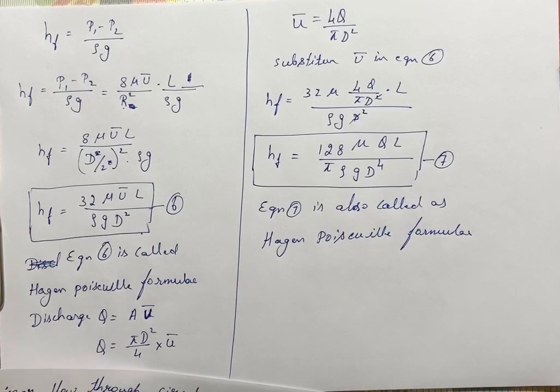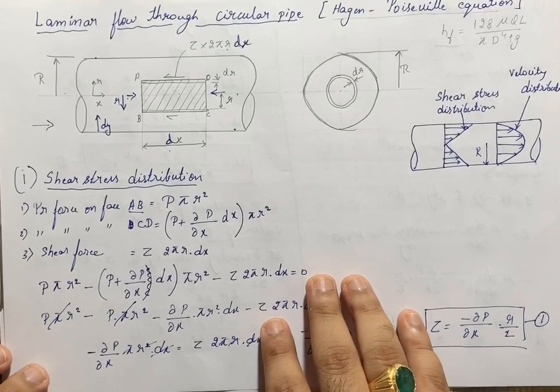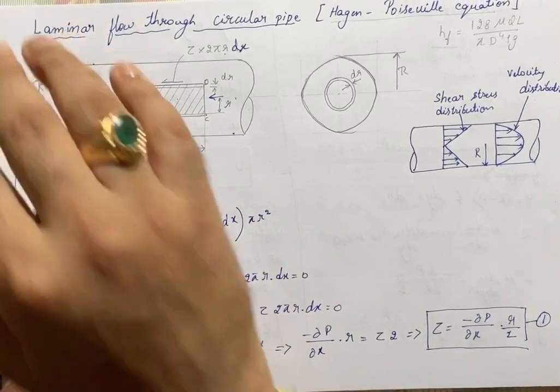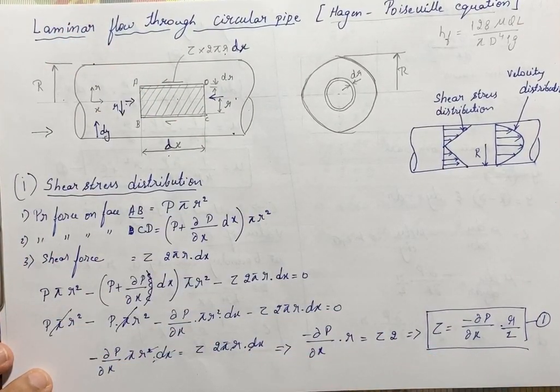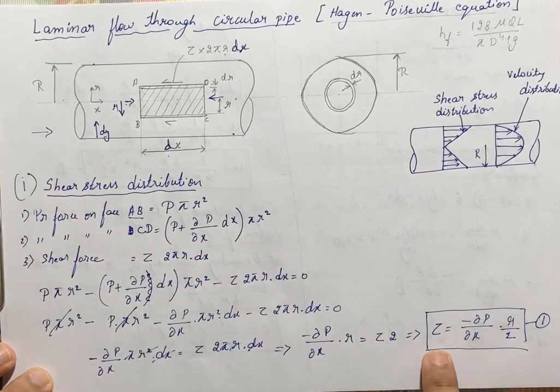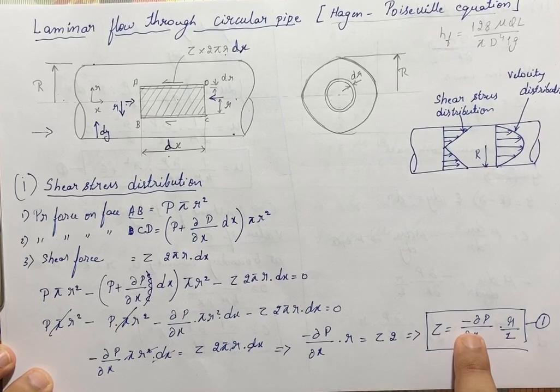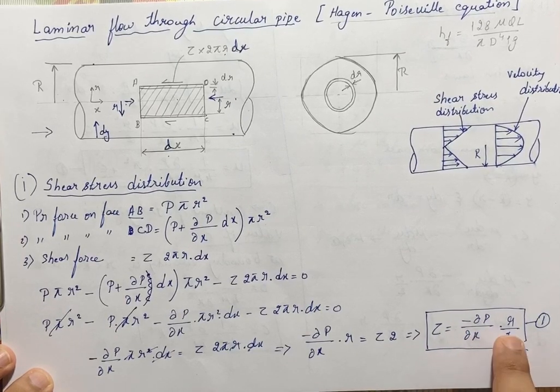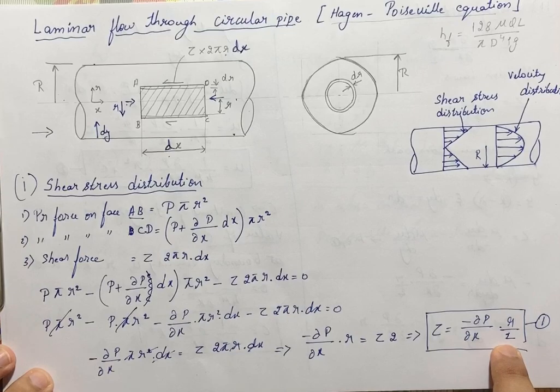depending upon the marks you need to write accordingly. If they ask for 10 to 12 marks, then you need to derive the shear stress distribution, that is shear stress tau is equal to minus dou p by dou x into r by 2.